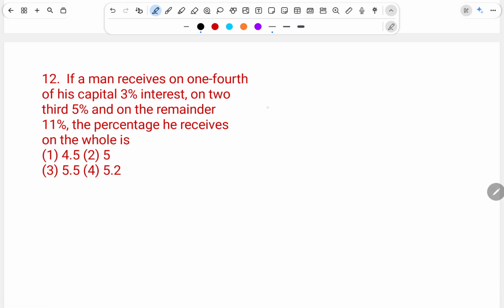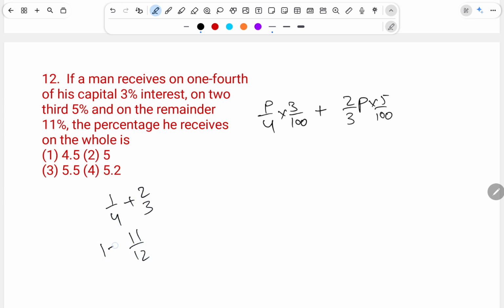Then next: if a man receives 3% on 1/4 of his capital, let the capital be P, means P by 4 and 3 by 100, plus 5% on 2/3 of P, 2 by 3 of P, 5 by 100. And the remaining: first, initially 1 by 4 plus 2 by 3, how much? 3 plus 8, 11 by 12. The remaining means from 1 we need to subtract, it becomes 1 by 12. 1 by 12 means P by 12 into 11 by 100.